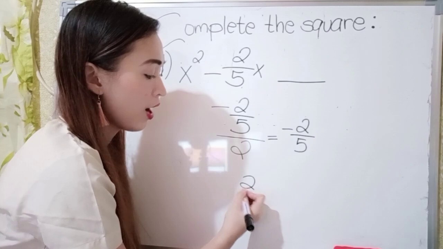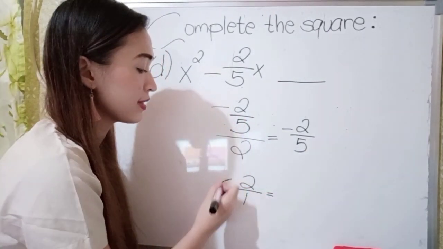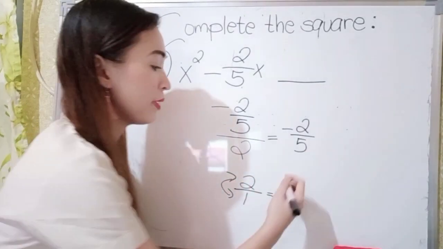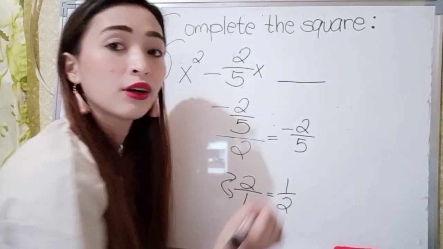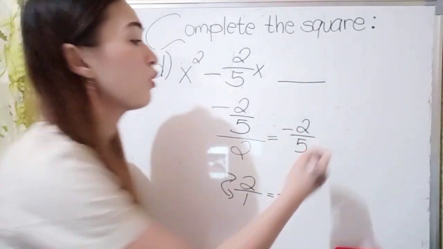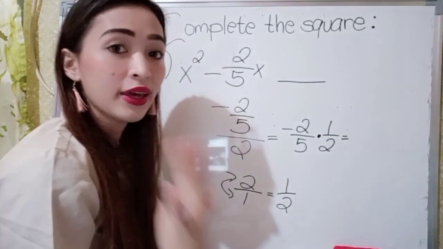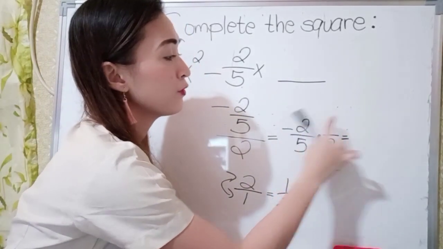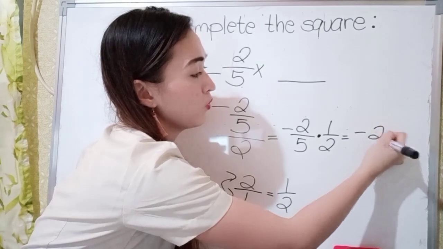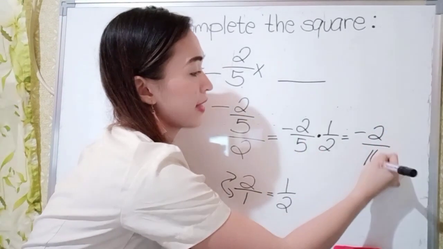If 2 is 2 over 1, the reciprocal becomes 1 over 2. So let's multiply negative 2 over 5 by 1 over 2. Negative 2 times 1 is negative 2, over 5 times 2 is 10.